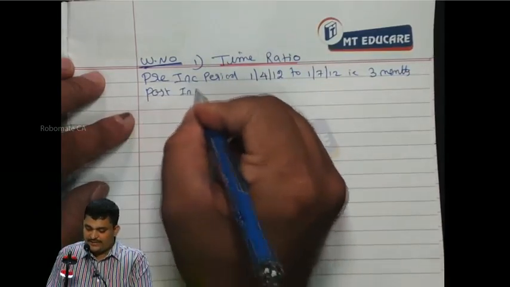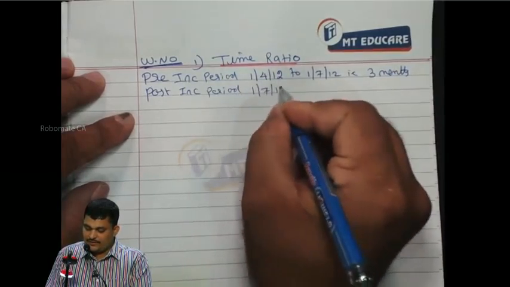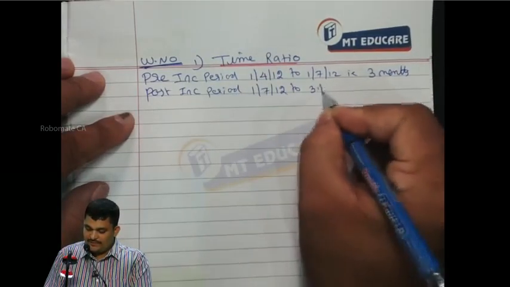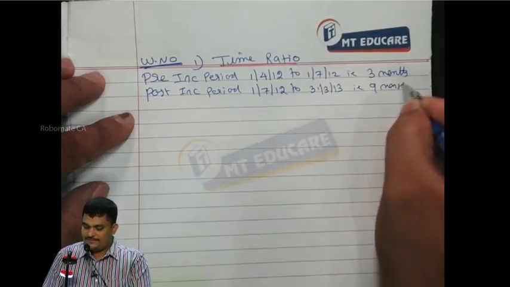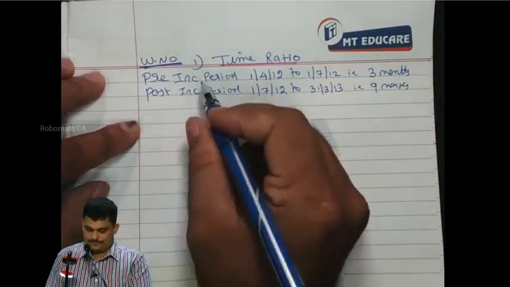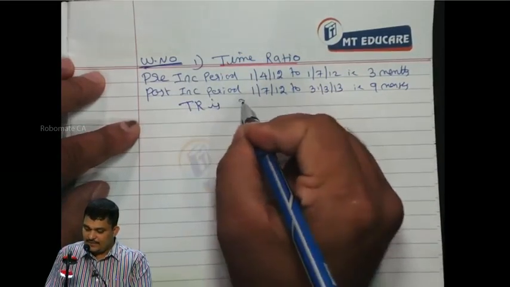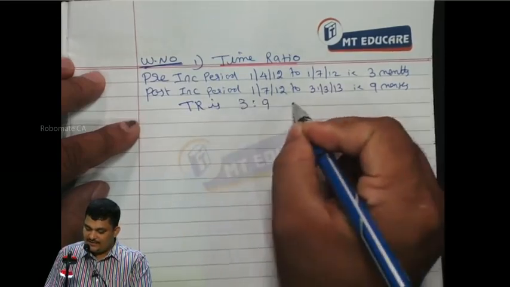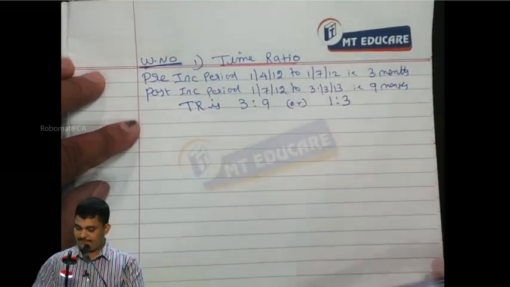Post-incorporation period, 1/7/2012 to 31st March 2013, 9 months. So the time ratio is 3:9 or 1:3.